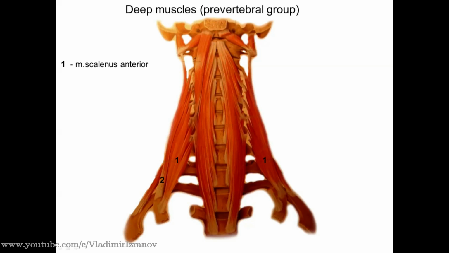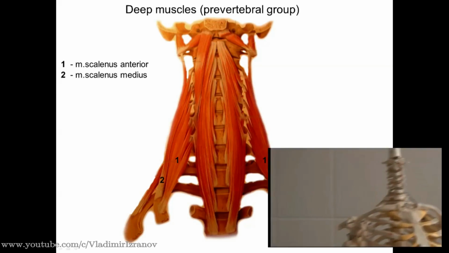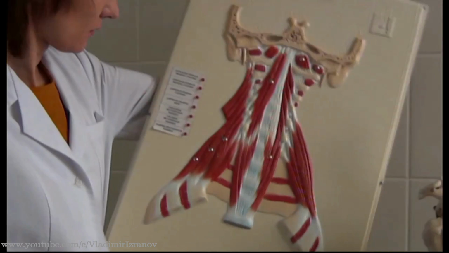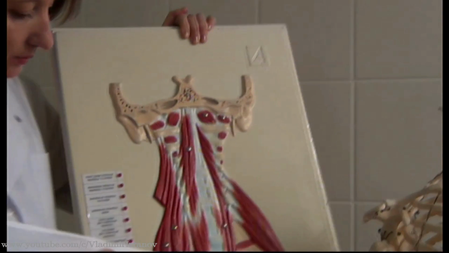Continue. Muscle number 2. Musculus scalenus medius. Here it is, number 2. In our planchette, it is here. Scalenus medius.